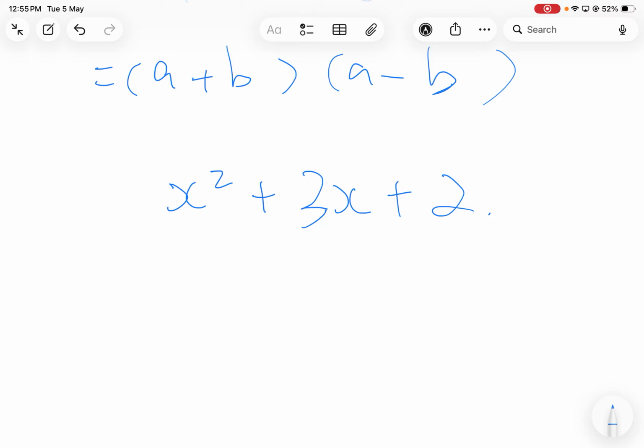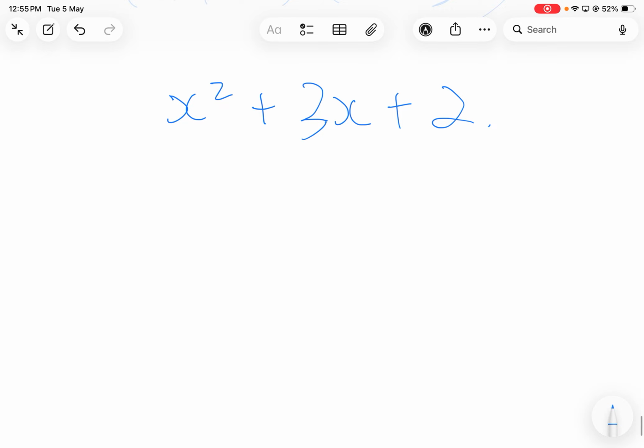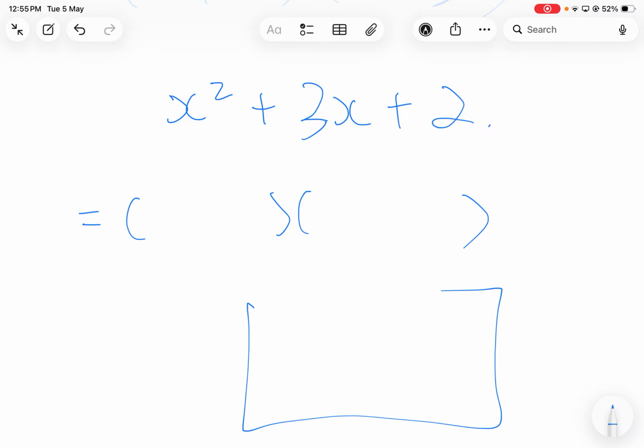Can I factorize? What does factorize mean? Factorize means become something times something. When you want to factorize, got x squared, got x, got a number, what is it that you go through doing? Yes, the tic-tac-toe thing.